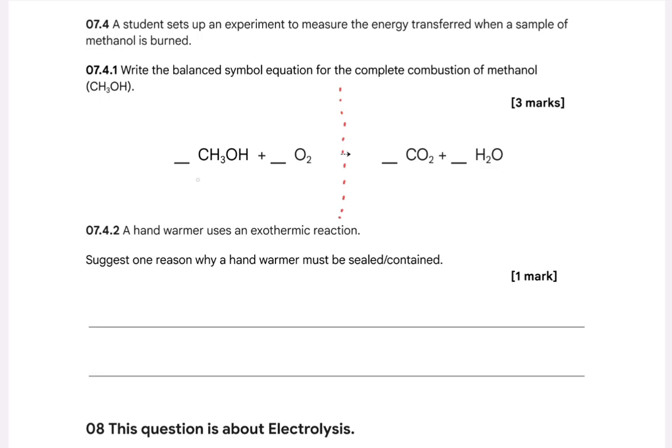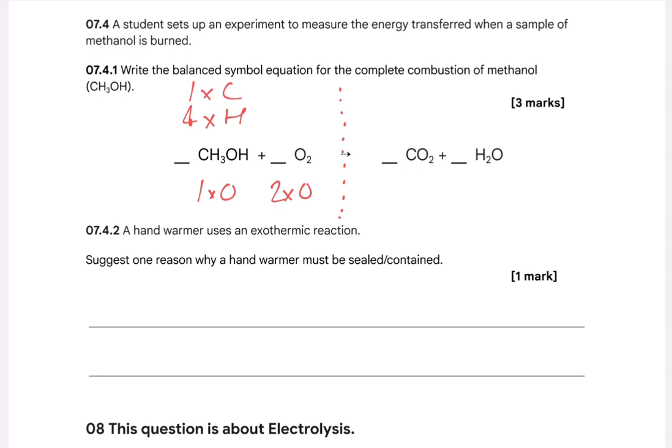We've got one carbon on the left hand side, we've got 4 hydrogens on the left hand side. Now we've got 3 oxygens, we've got 1 oxygen in the methanol, and we've got 2 oxygens in the oxygen molecule.